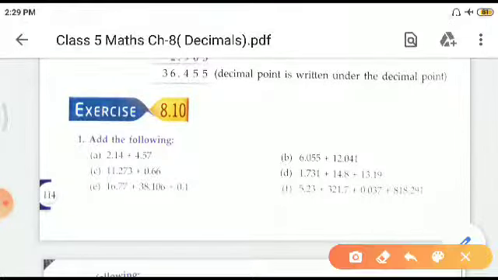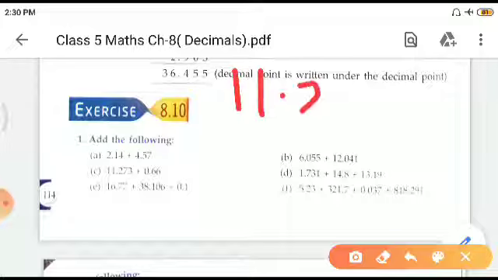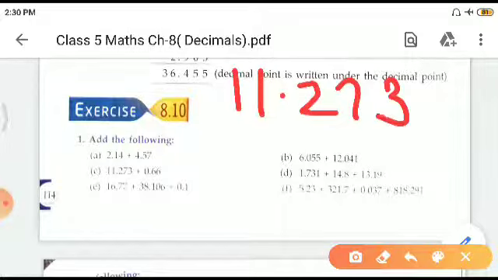Let us try some. I'm doing the third one here: 11.273 plus 0.66.